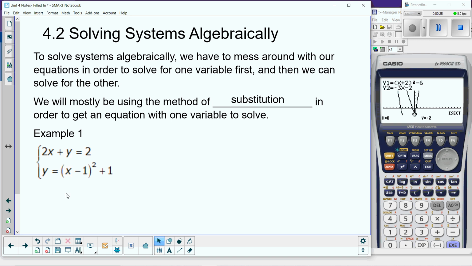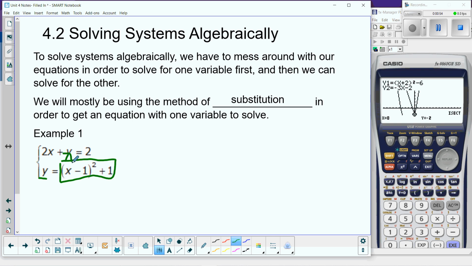So, for example, we have 2x plus y equals 2, and y equals the quantity x minus 1 squared plus 1. Now, we have one equation that is solved for y. So we are going to take what's over here and replace y with that.